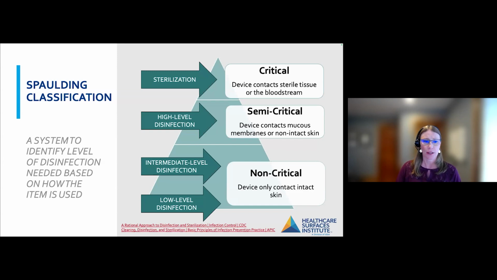The next level is non-critical, and these are your more common areas. These are things that do not contact non-intact skin, only intact skin, so these items are common for environmental cleaning. There are two levels of disinfection: low-level disinfection, which we commonly see in our environment, and intermediate-level disinfection. Intermediate-level disinfection means that they might have a short period of contact with non-intact skin.